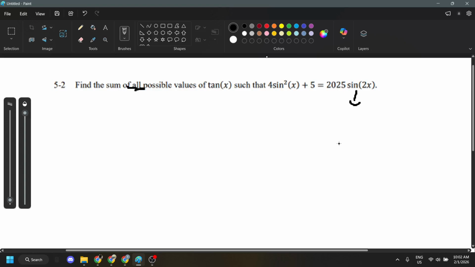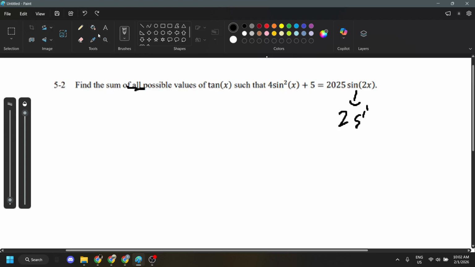what is it? Sine of a plus b is sine of a cosine b plus cosine a sine b. So it's just 2 sine x cosine x, I believe.